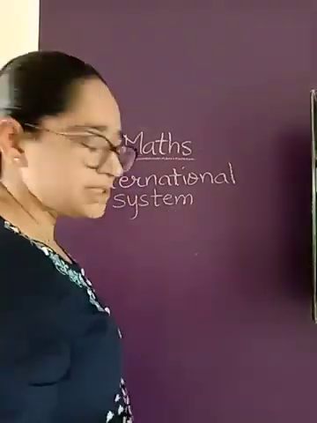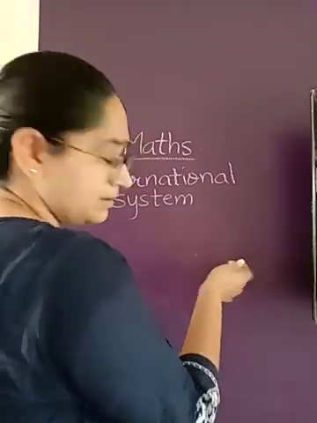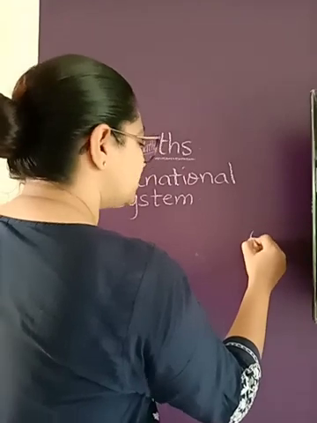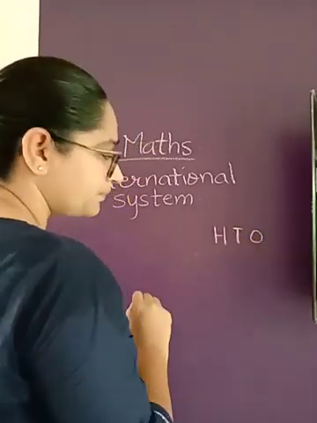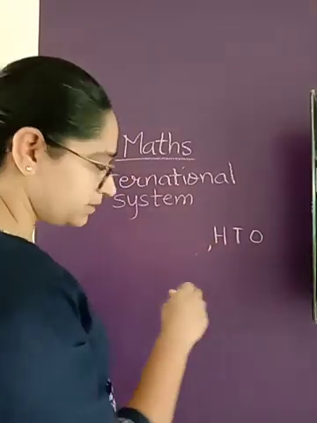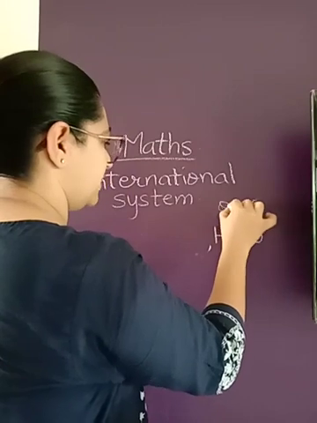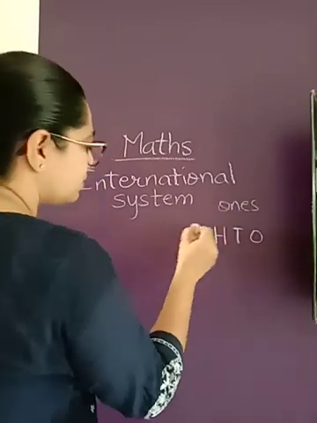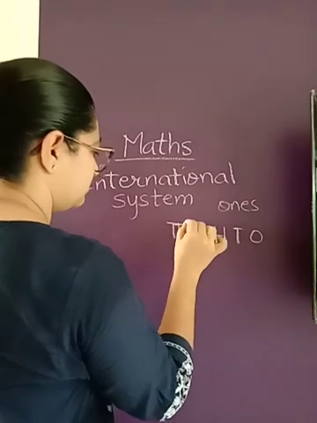In this international system of numbering, the first 3 are the same. Ones, tens and hundreds. Comma after that. This is one period, that is the ones period. Next comes 1000 and 10,000.